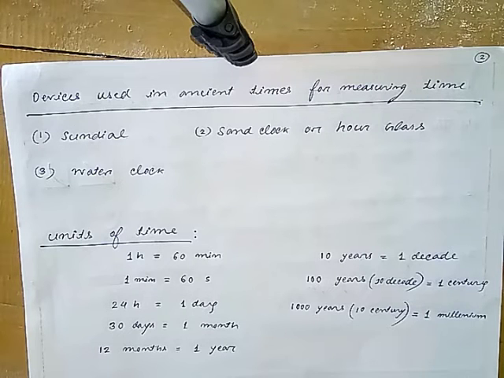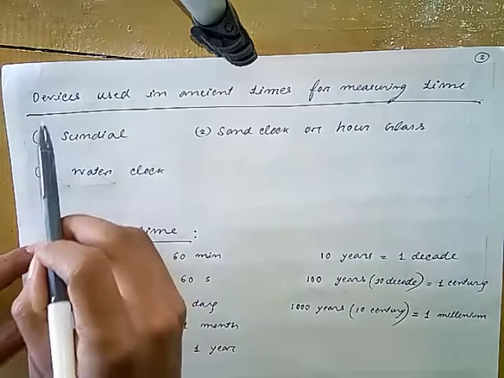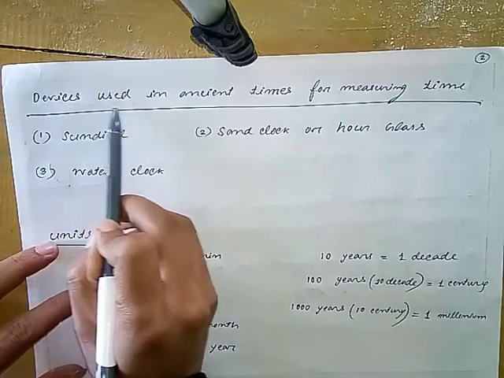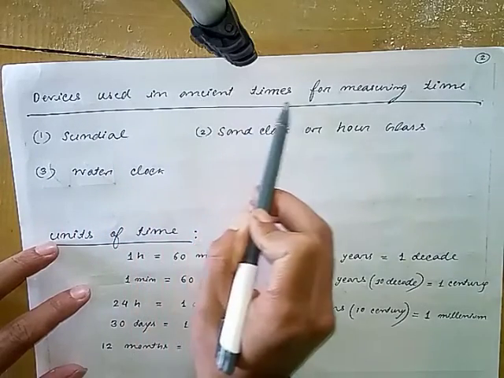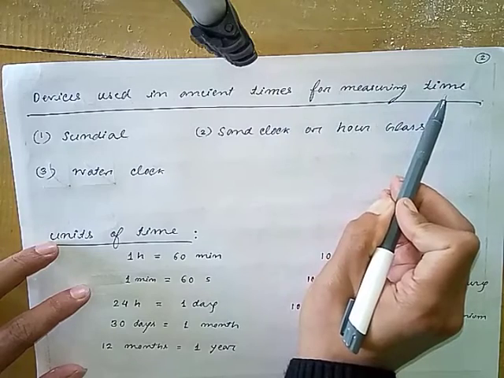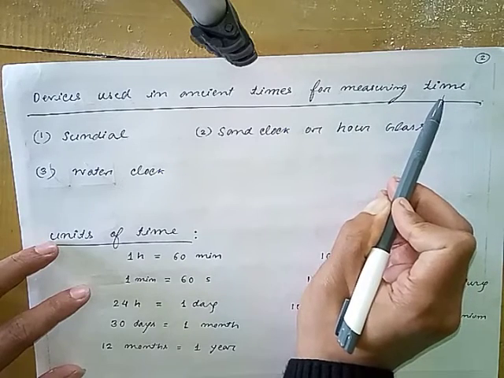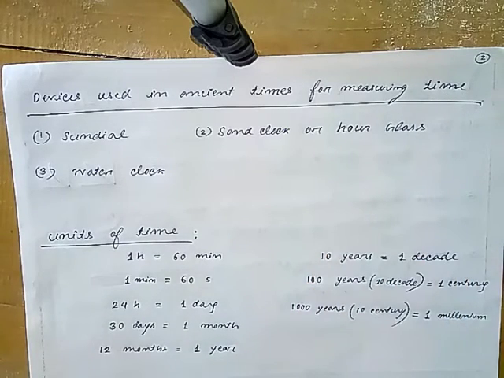In ancient times, there were no clocks, there were no watches. Now, what are the devices that were used in ancient times for measuring time?